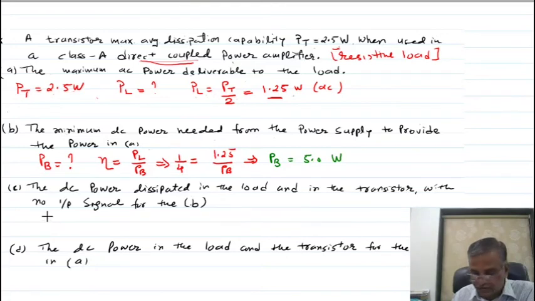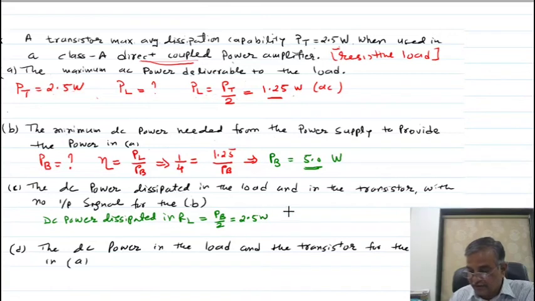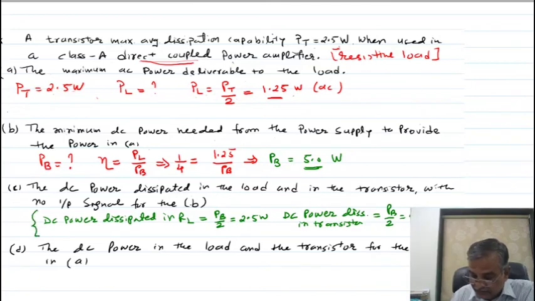We have already studied that the DC power dissipated in RL is half of PB, how much, 2.5 watt, and the DC power dissipated in the transistor is equal to half of PB, means 2.5 watt. This is when the input is 0.